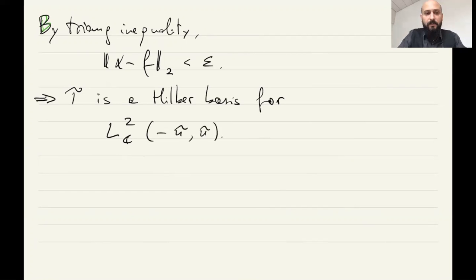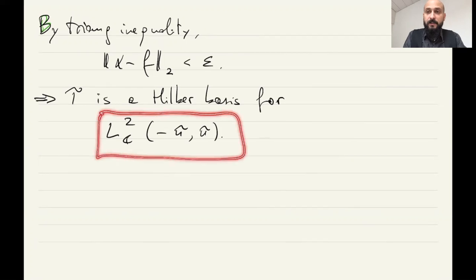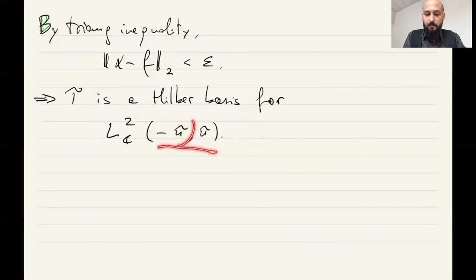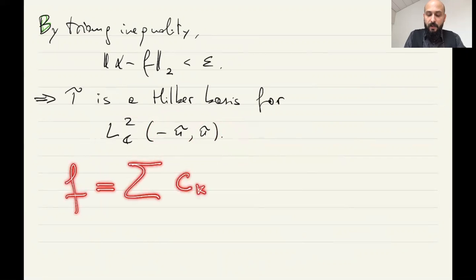Okay. These are very important functions because one can see these spaces as functions that are periodic. It's like one can continue these functions periodically with period 2 pi. So we are able to write every function as a sum of an infinite series of functions that are sinusoidal, trigonometric.